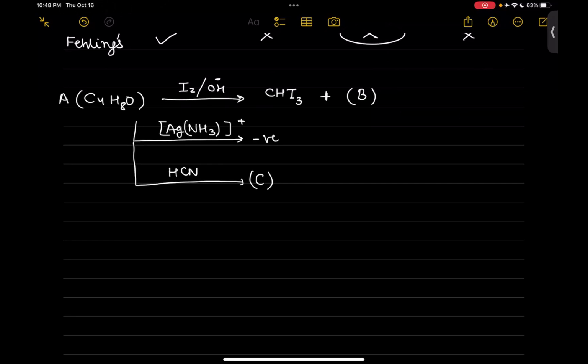First of all, this is 4 carbon. There is a double bond in aldehyde ketone, that's why it is C4H8O. 4 carbon, there are not many options. It can either be a ketone or an aldehyde. Is it clear?